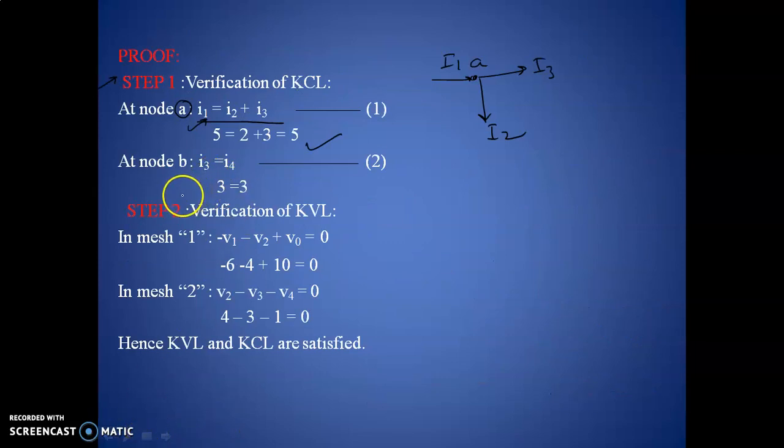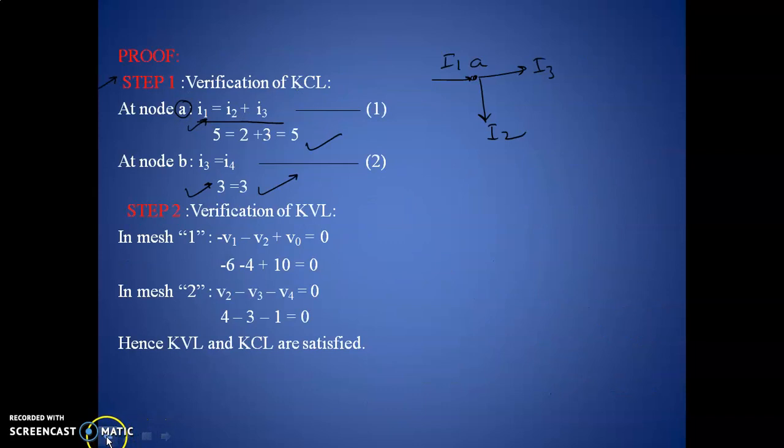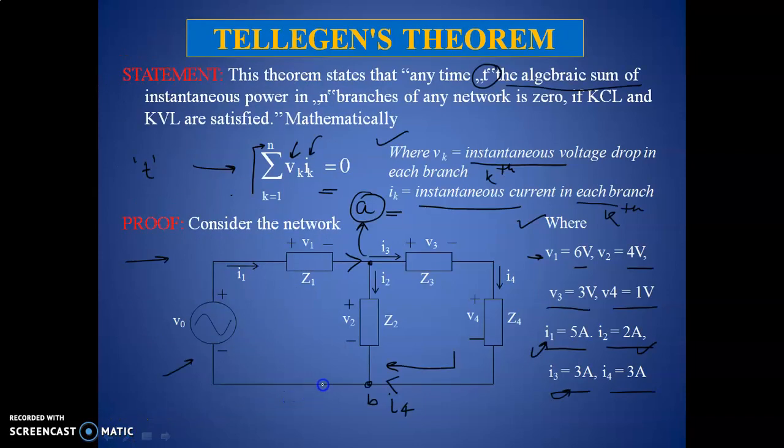This is node B. At node B, the value of I3 current is equal to the value of I4 current, which is coming here, so it is I4, and this is your I3.